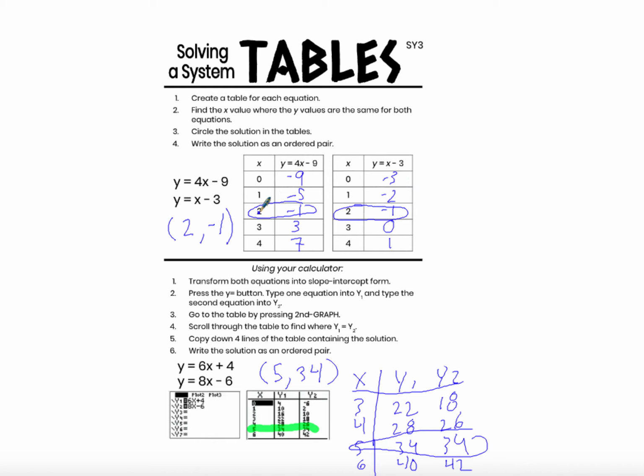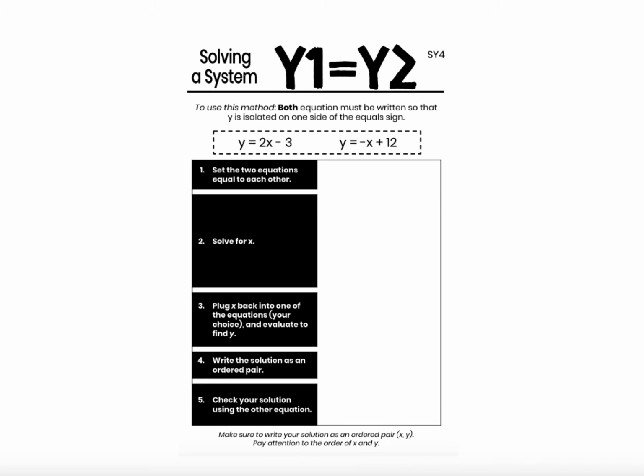But only at the solution, given the x, the two y's are the same. We can use that fact to acknowledge that at the solution, the two y values are the same. Not always, not most of the time. For most values of x, these two y's will be different.